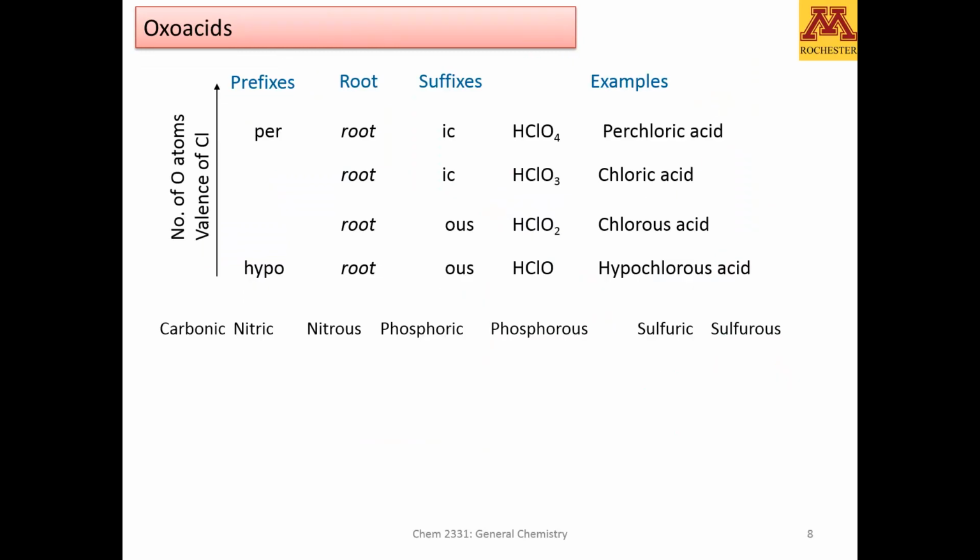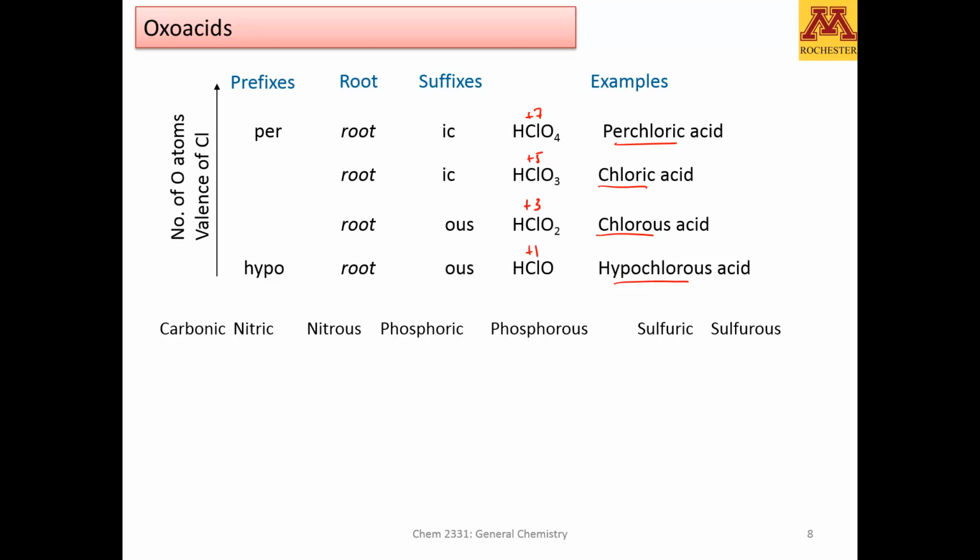Okay, so how are they named? This is something that is fairly important to rationalize, even though at the end of the day you may just need to memorize it. The name of the acids depends on the oxidation state that we were talking about. If you calculate the oxidation state, you will see that this is +7, this is +5, +3, and +1.